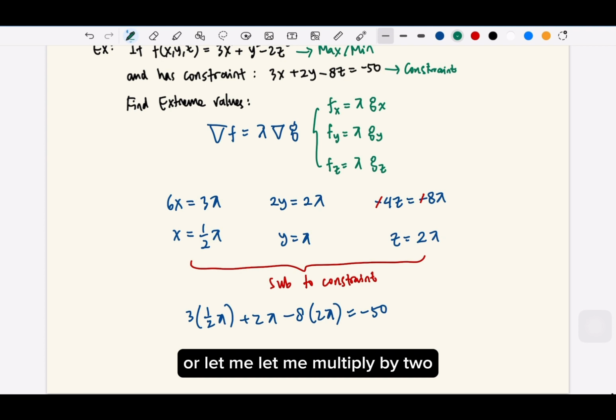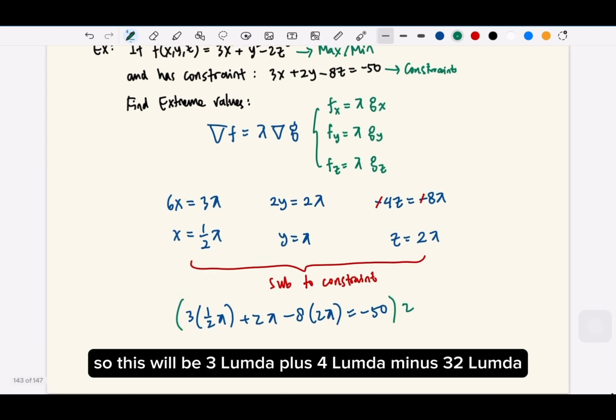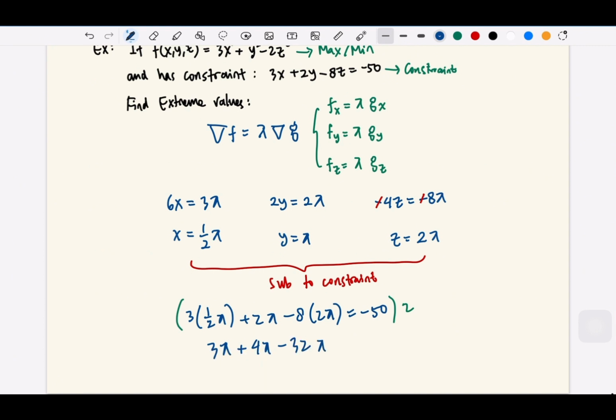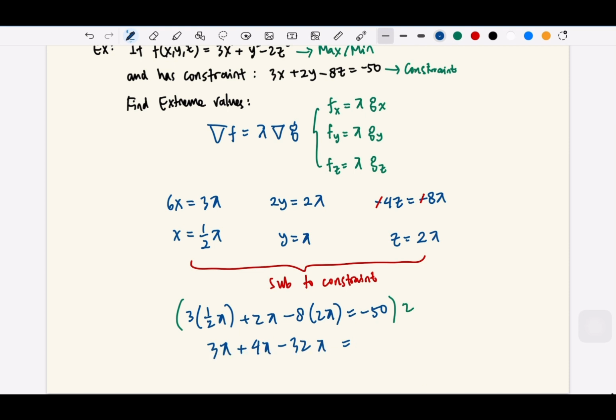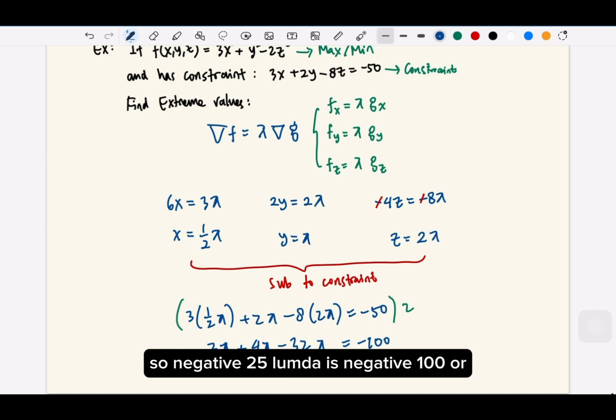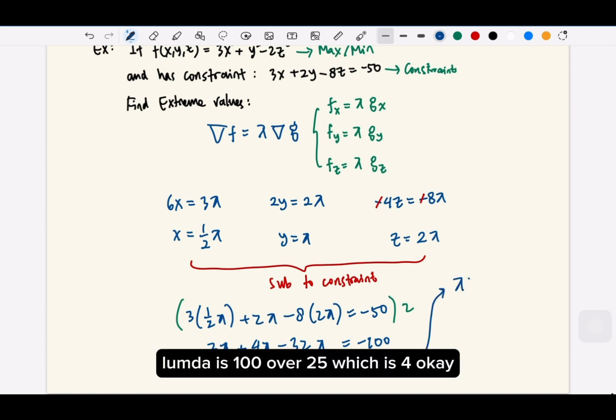Let me multiply by 2. So this will be 3 lambda plus 4 lambda minus 32 lambda. So 7 minus 32 is negative 25, right? So negative 25 lambda is negative 100, or lambda is 100 over 25, which is 4.